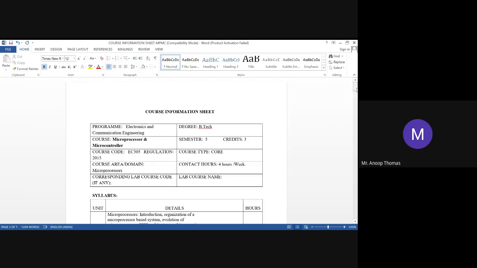A microcontroller will have timer modules, as I told you, ADC modules, DAC modules, lots of things inside it which will help in building a particular system. A microprocessor can be concentrated for processing rather than building of a system. You need additional things to make a microprocessor into a system. Whereas a microcontroller in itself has lots of components which make it an ideal choice for building a particular system which can control certain activities.